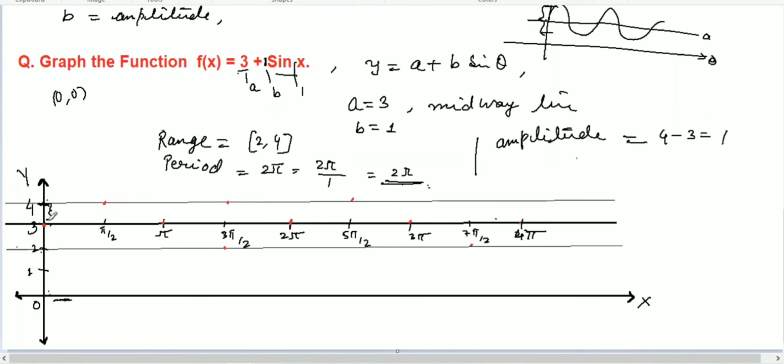Let's draw the smooth graph, joining these points. So this graph represents f(x) equal to 3 plus sine x.